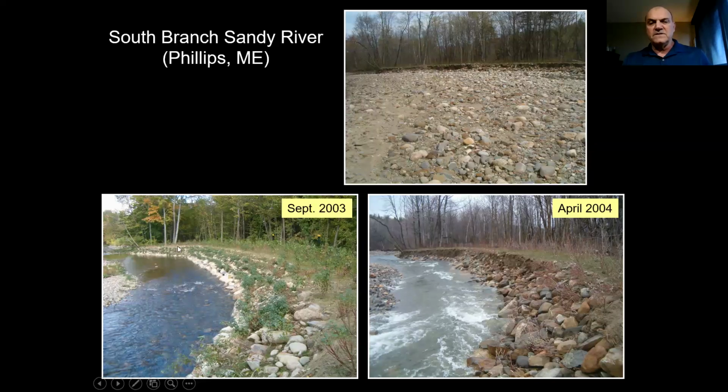And then they did a bank stabilization project, not appreciating how the straightened channel upstream was impacting the area. And that bank stabilization project lasted just a few months, in part because they did not appreciate the forces of the extra sediment being transported by the straightened river upstream.